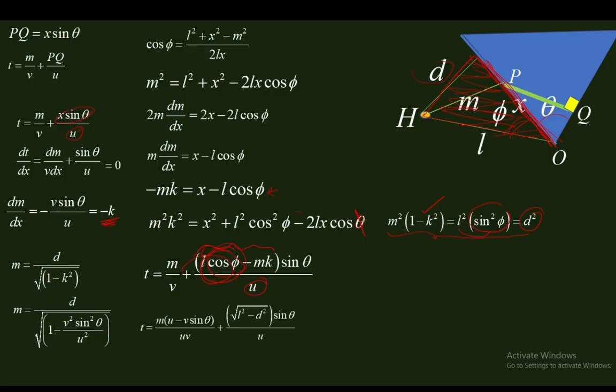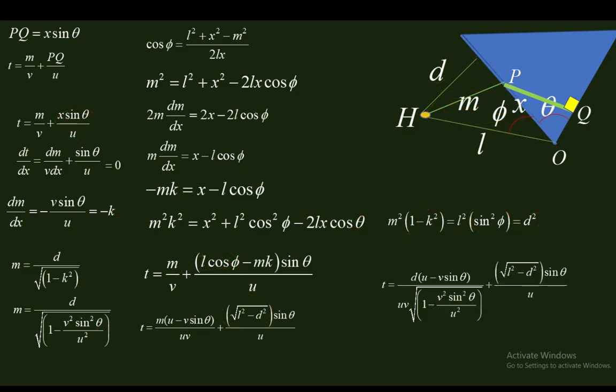That's why I've written this L square minus d square. Then simply putting the values of m and solving, we get this expression of t. This is the minimum t in which the angler can reach the desired bank.